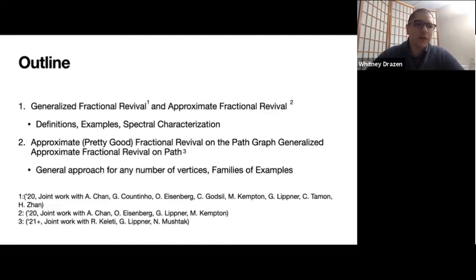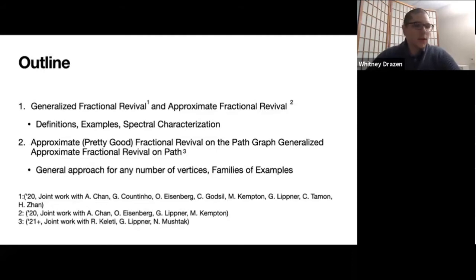The second part, we're going to focus on the path and specifically apply these to the path graph and construct some families of sets of vertices on the path graph that have approximate fractional revival. And the second part of the talk is joint work with Ryan Coletti, Gabor Lippner, and Noble Mushtaq. Ryan Coletti and Noble Mushtaq are two RU students that I was supervising this summer.